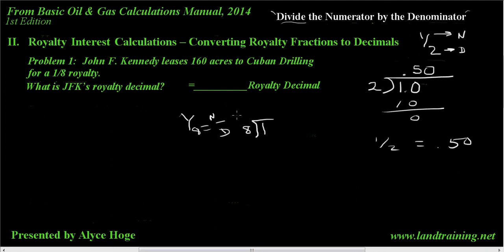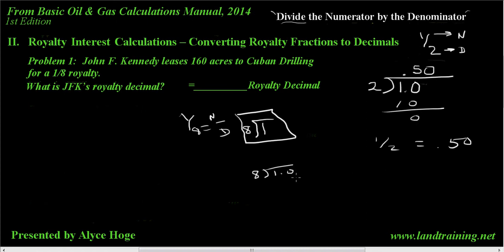And once again, you're going to be tempted to say, well, wait, I must have this set up wrong because 8 can't go into 1. It must be 1 divided by 8. But no, as long as you have it set up with the numerator being here, divided by that denominator, you're going to be correct.